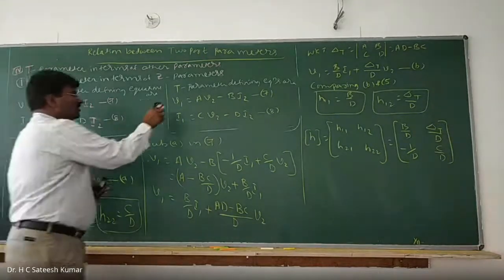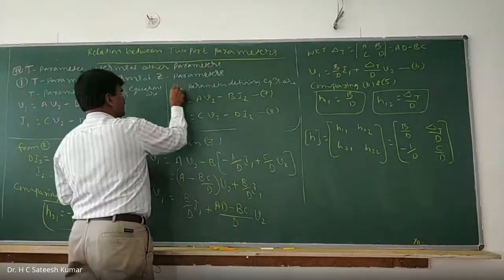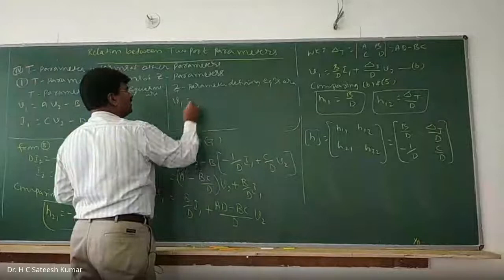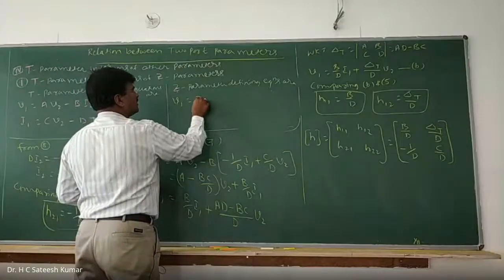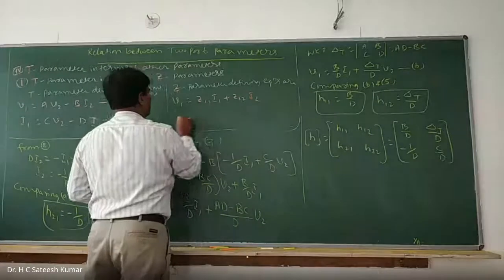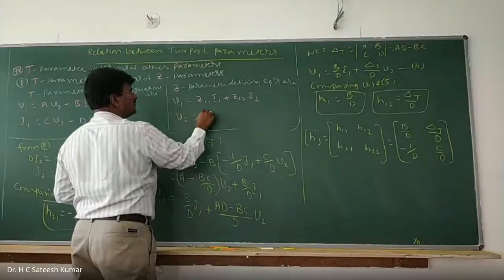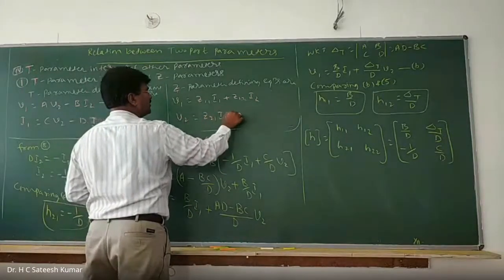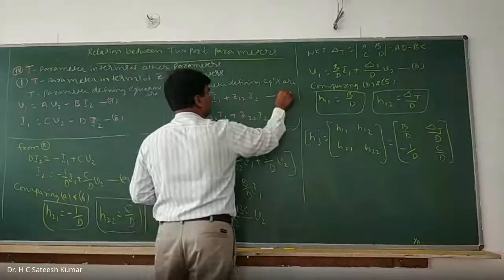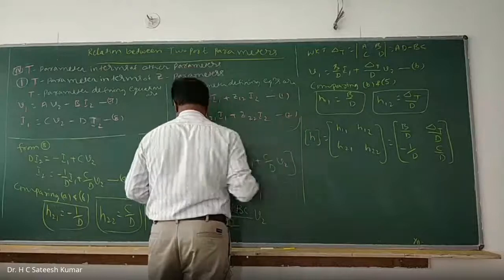Now, the Z parameter defining equations: V1 is equal to Z11 into I1 plus Z12 into I2, and V2 is equal to Z21 into I1 plus Z22 into I2. We call these two equations equation number 1 and equation number 2.